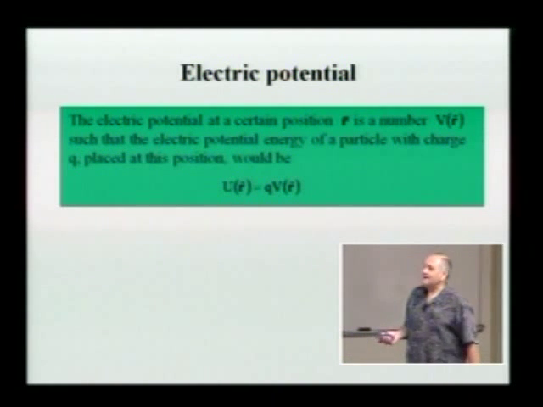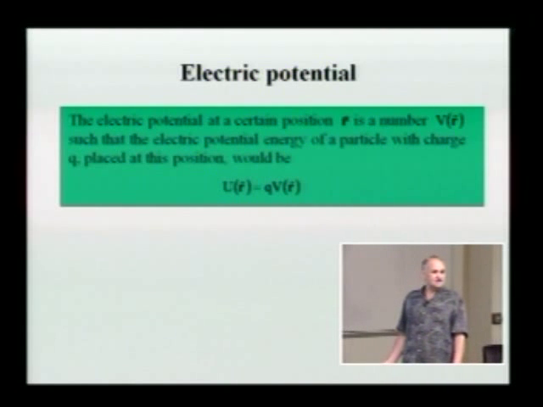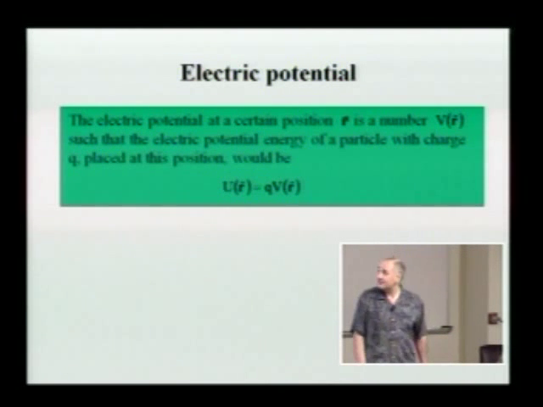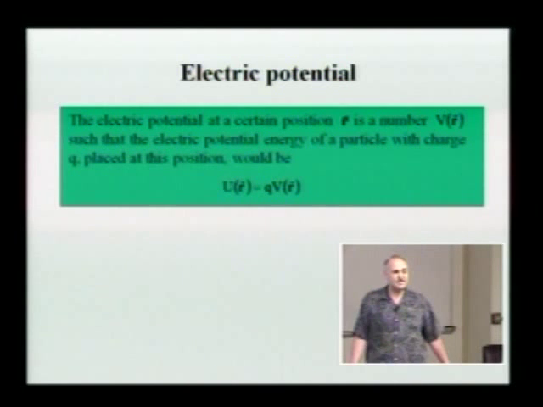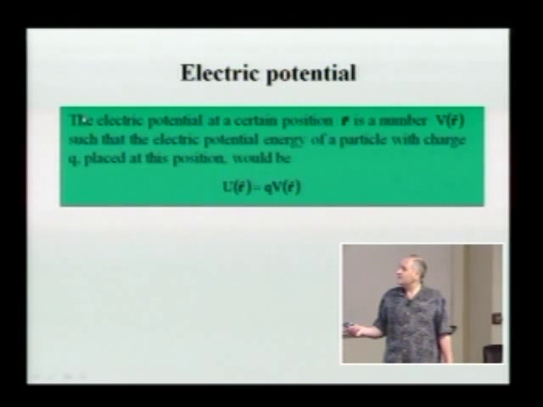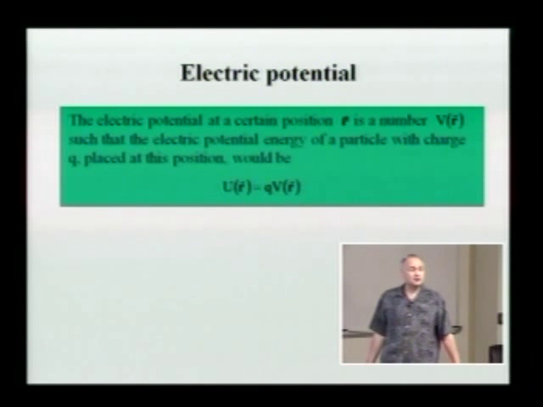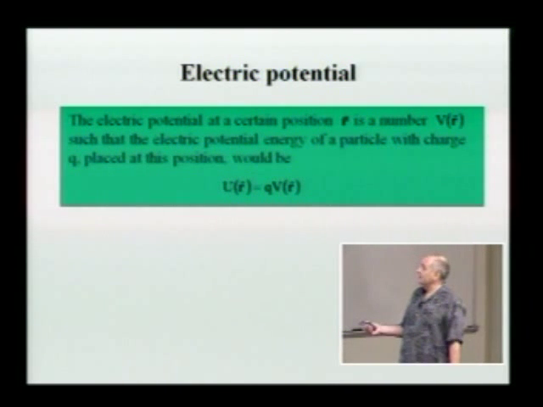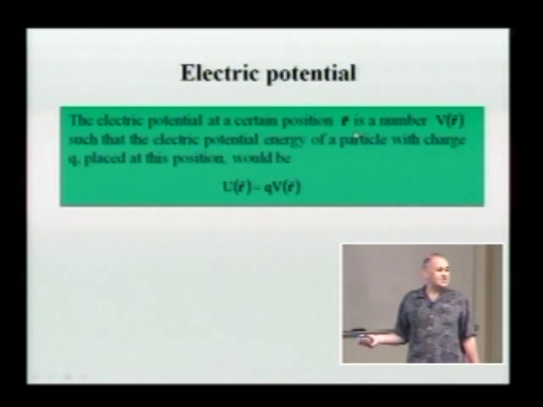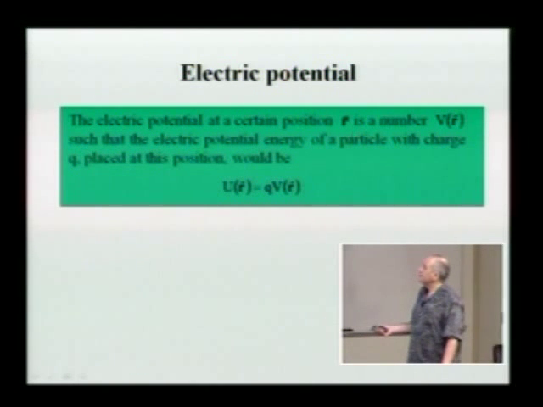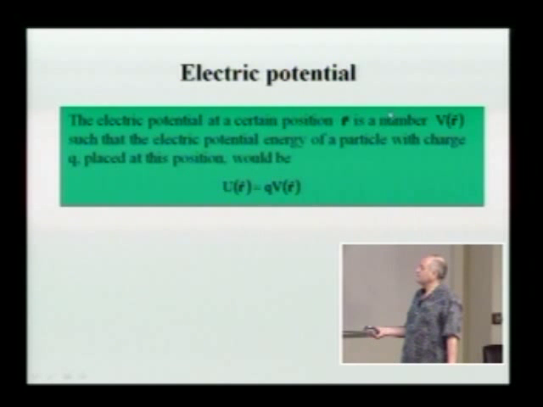Now let's see where we have the differences between the definition of electric potential and electric field vector. Both definitions started with the electric. This time we are defining potential, so instead of the electric field vector, we have electric potential. Both are at the same location, at a particular location.